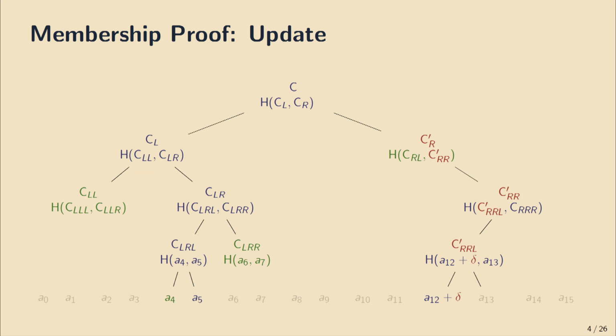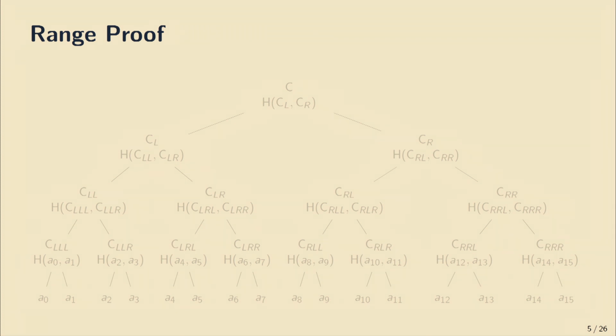So let's do something more complicated. Let's do a range proof. A range proof is a proof, in a Merkle tree, that a specific range of elements belongs to the Merkle tree. Let's take an example here. We want to prove that elements A3 through A8, a specific set of elements, belong to the Merkle tree.